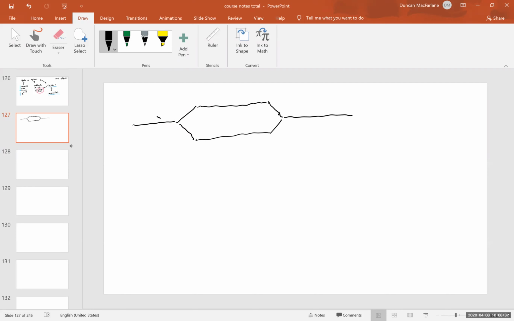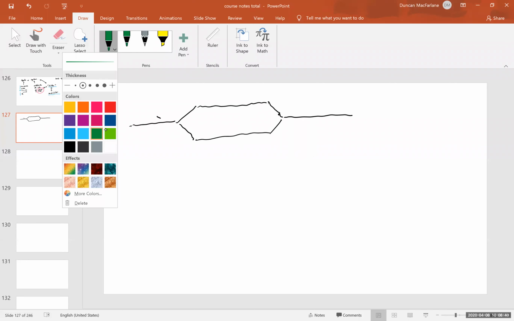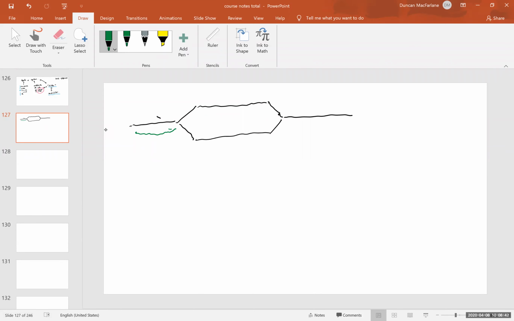What I have is a circuit path. The signal splits into two. It goes down these two paths. It comes back together, and it combines back together and goes out this way.